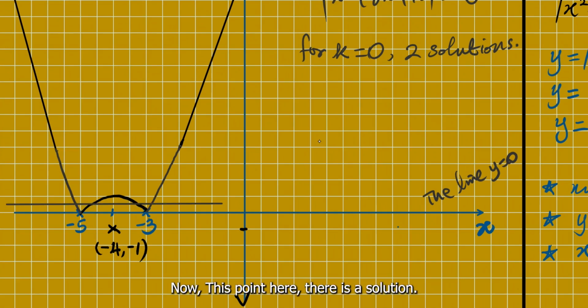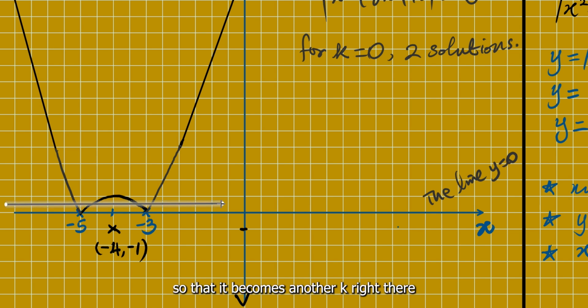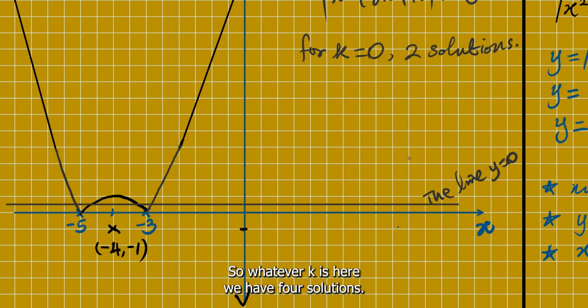Now, at this point here, there is a solution. If you trace it down to the x-axis, this is another point here where there is a solution. This is a point here where there is a solution. This is a point here where there is a solution. So what it means is that if I extend this line so that it becomes another k right there, whatever k is here, we have 4 solutions.